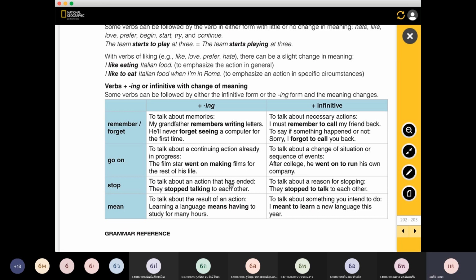Stop with -ing means the action has ended, but on the other hand, stop to do something needs a reason, because of what. For example, they stopped to talk to each other, or we stopped to eat because the food ran out.